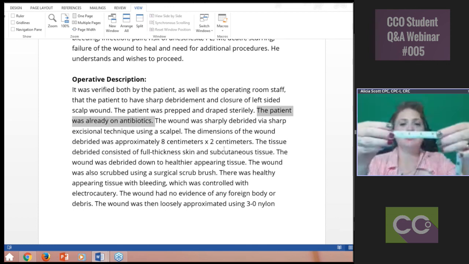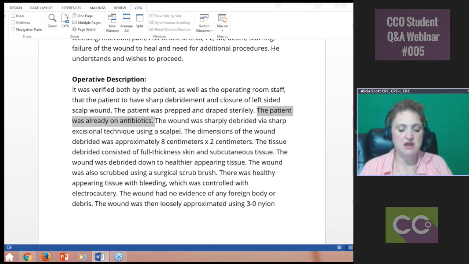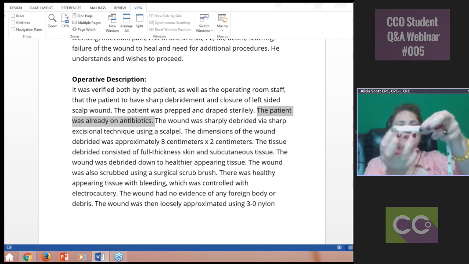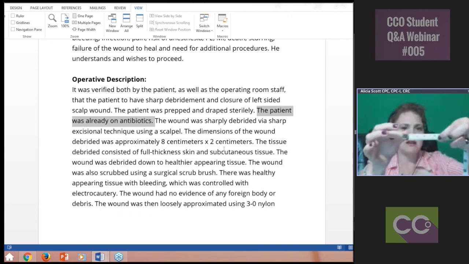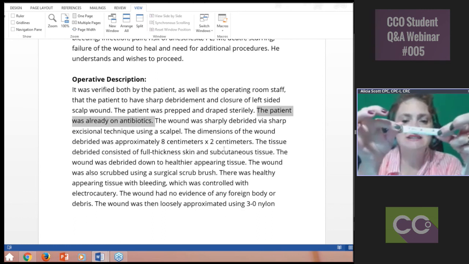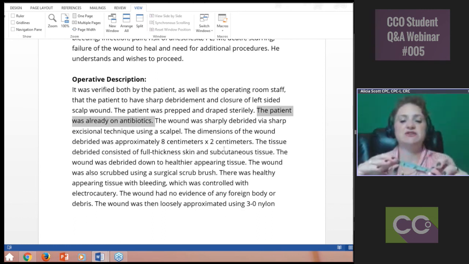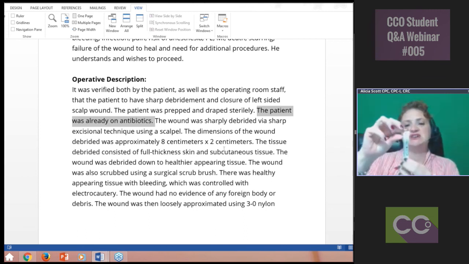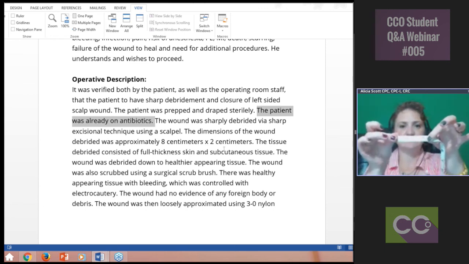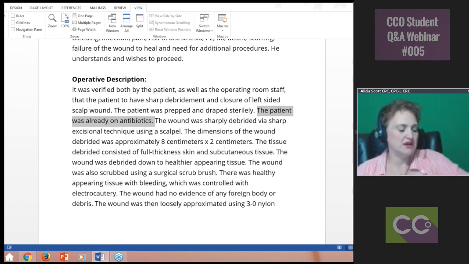Here we're looking at 8 centimeters, and that's inches right here. From here to here is 8 centimeters. And 2 centimeters is almost an inch. So it's open almost an inch, and 8 centimeters wide.